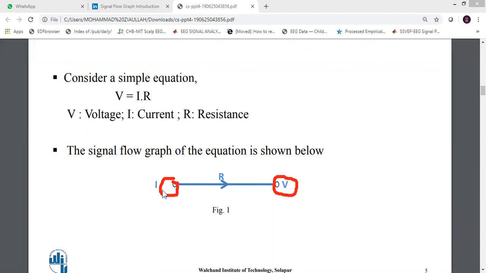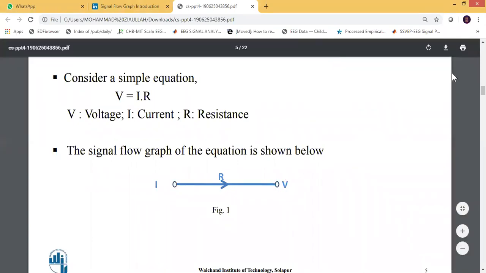Here my signals are current I and voltage V, and they are represented by nodes, one node for I and another node for V. They are connected through a line segment represented by a small arrow, and this is R, the resistance, in this particular direction. The line joining the two nodes, I and V, is the branch. So this gives us the complete definition of a signal flow graph.